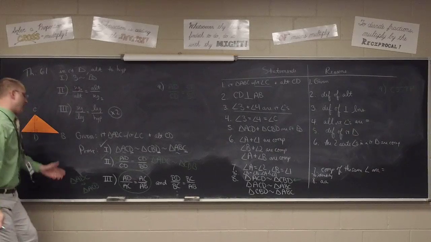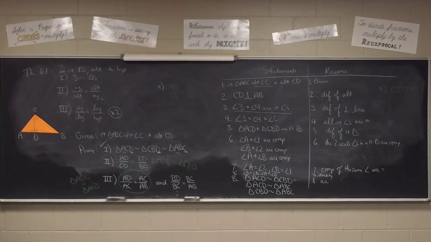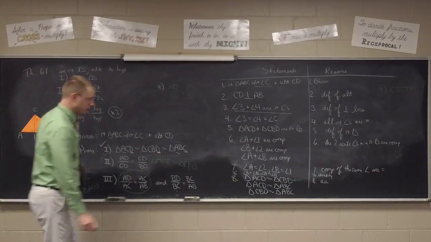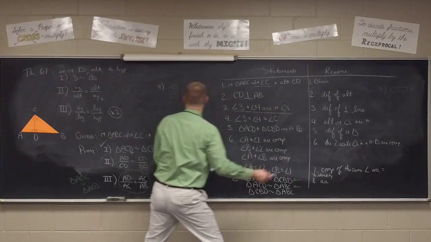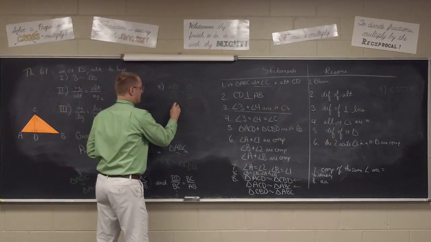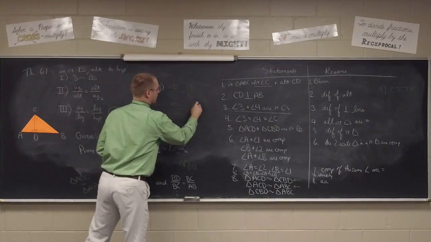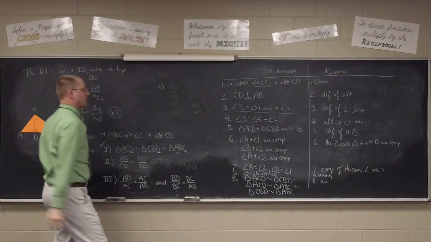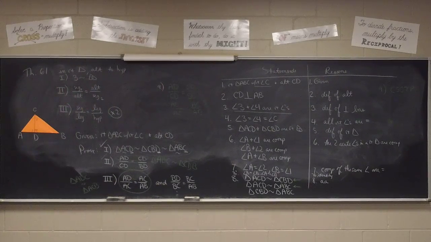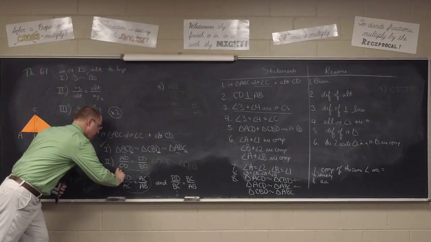Do we know that ADC and ACB are similar? Yes. Yep, right here. So still part of number 9, AD is to AC as AC is to AB, still by CSSDB. All right, that's half of number 3 checked off.